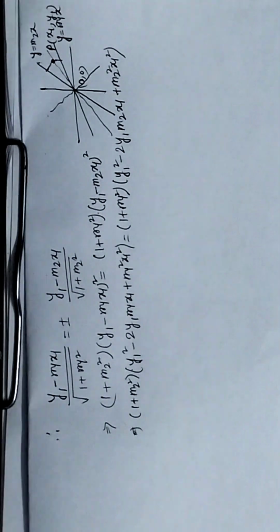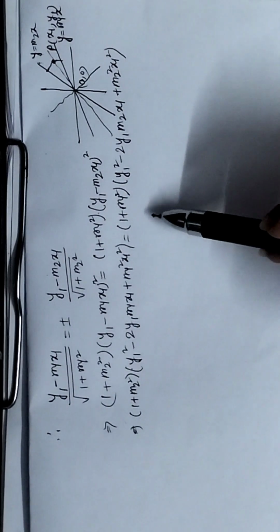Okay. Now we have to just multiply these expressions on both sides of the equal sign.